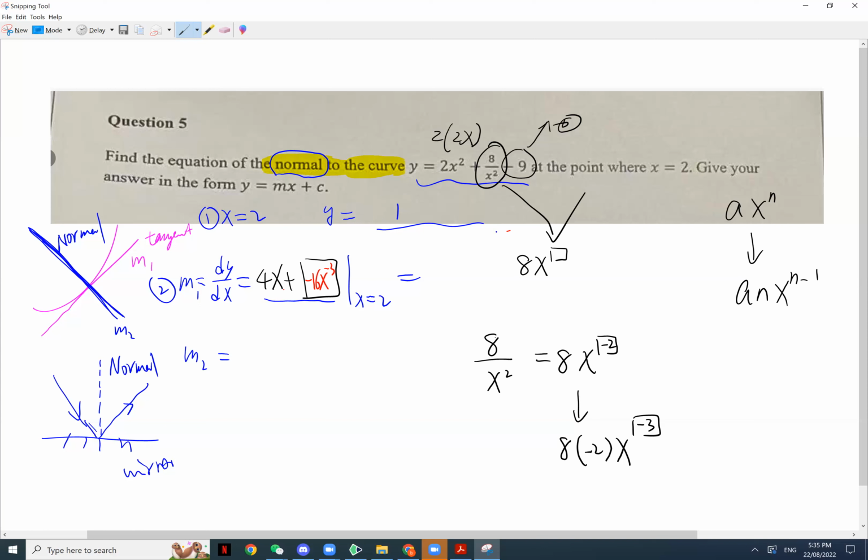Of x values, you have the gradient. And you think about two gradients multiplied together, -1.